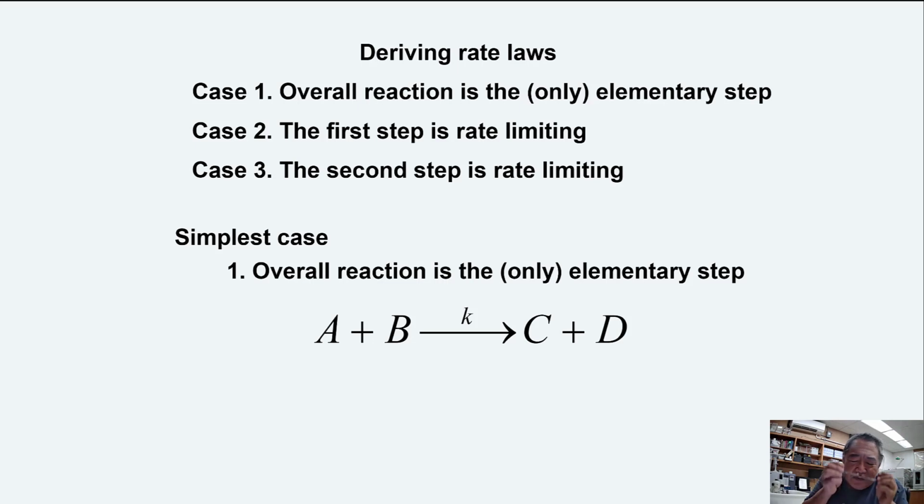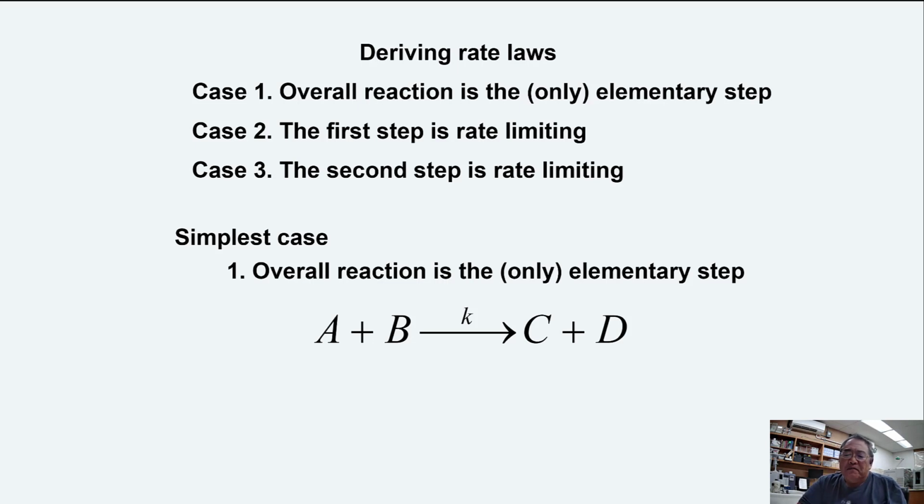To derive the rate law, I decided I'd show you one mechanism without a lot of chemical compounds, just A's and B's, and show you how you would derive the rate law from these reactions. But you do exactly the same process with any chemical reaction when you're given the mechanism.